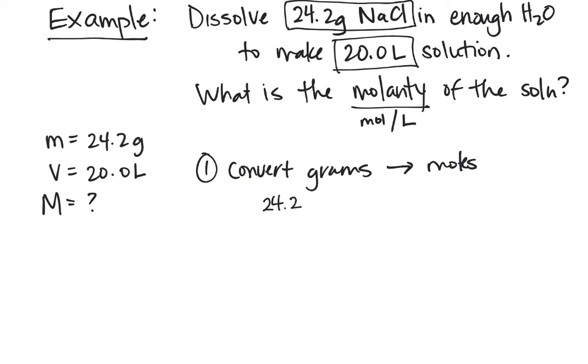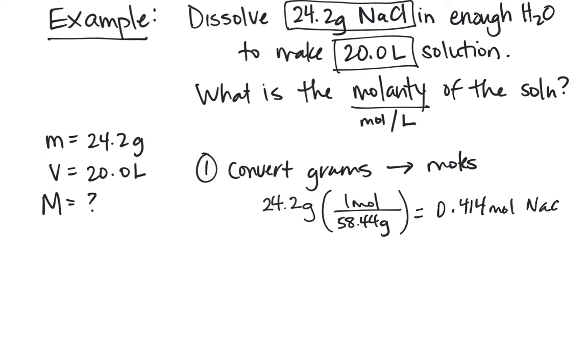So 24.2 grams, and if 1 mole is equal to 58.44 grams of sodium chloride, when we do that, we get 0.414 moles of NaCl.